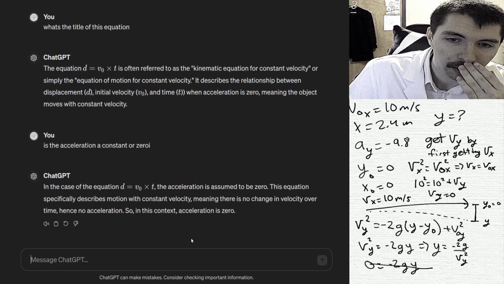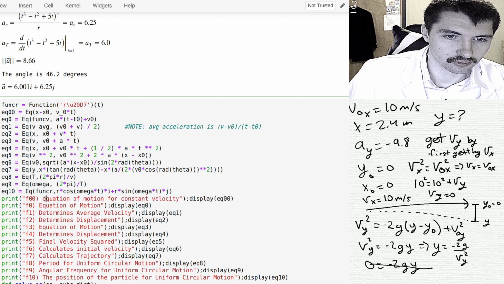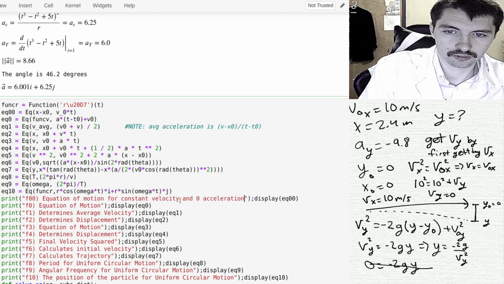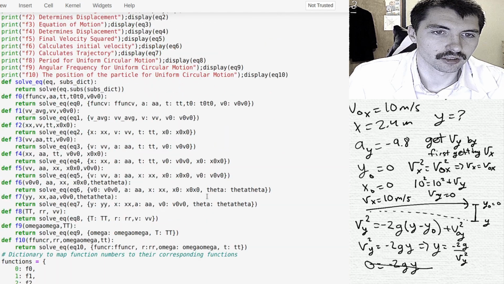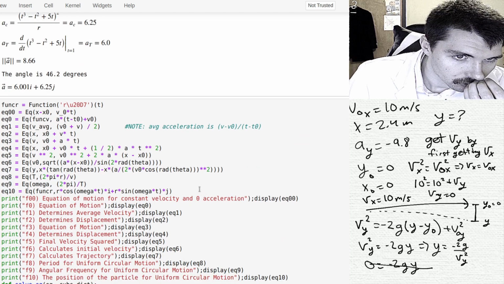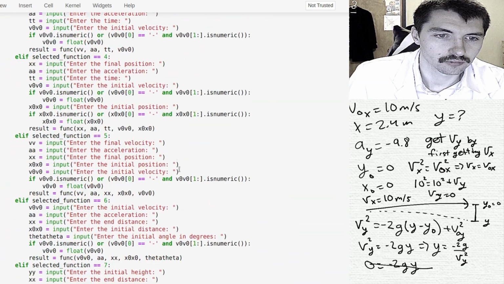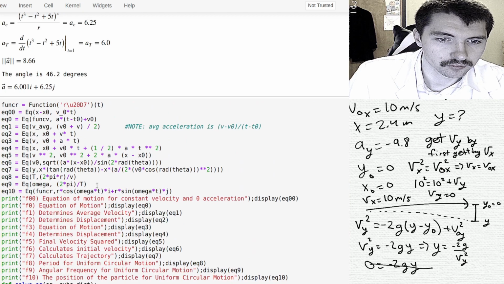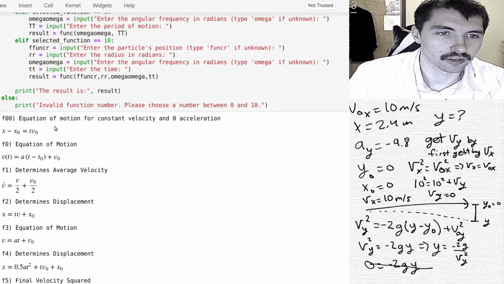It's like it's going back and forth. Okay, acceleration is 0. Okay, so I just wanted to add this just because V naught is not defined. Okay, so I've added this.